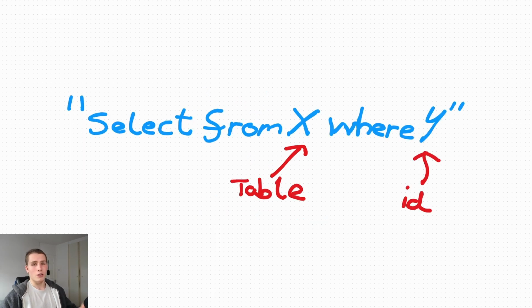So this is a common example of how a SQL query might look. This is just a select from statement. What this basically will do, and it's different in other SQL languages, but we'll just take this as an example, is take this table, the placeholder name X here, and try to find all the values where a condition called Y is met.